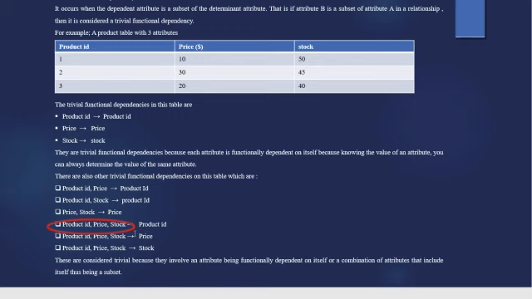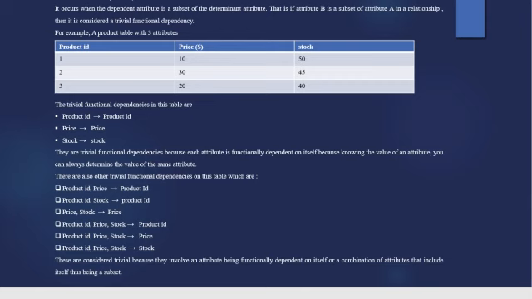So product ID is inside the group of attributes that are the determinant, which means that group of attributes can also determine product ID as the dependent.